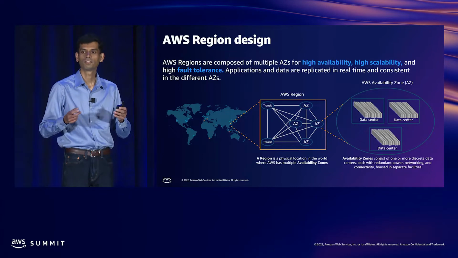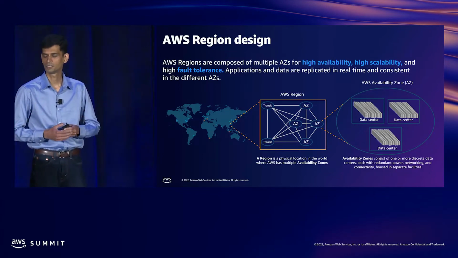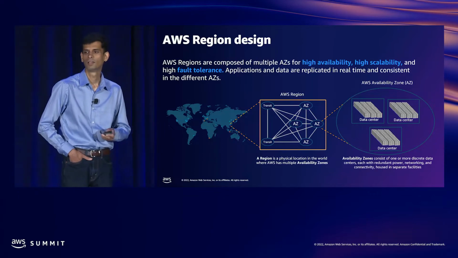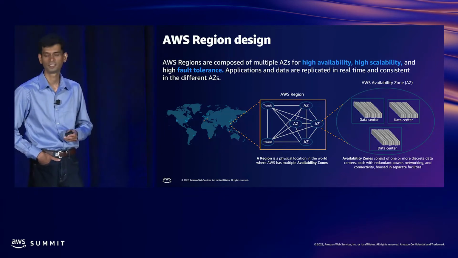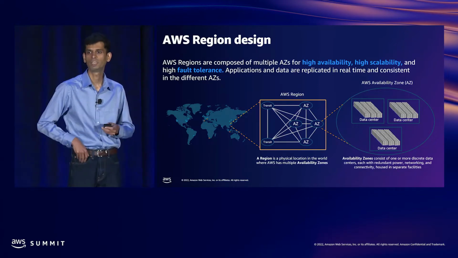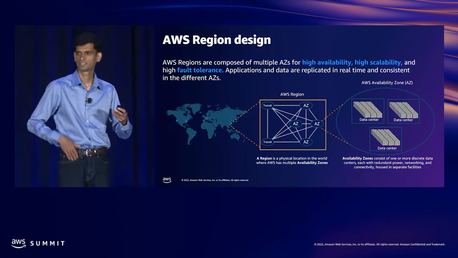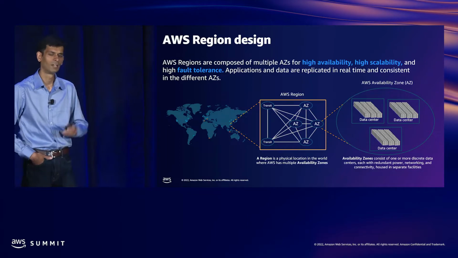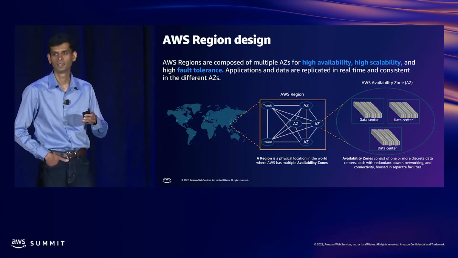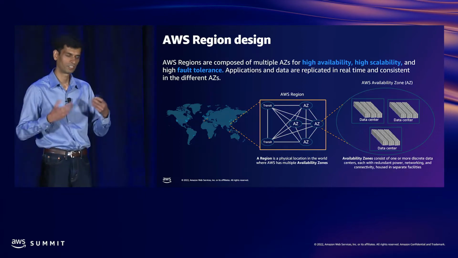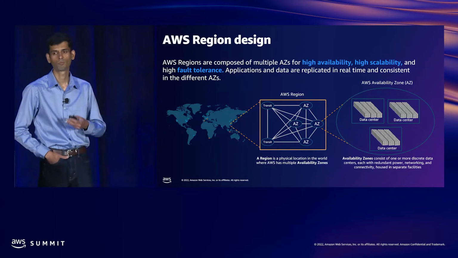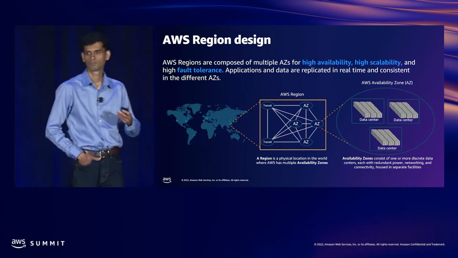Each of those AZs interconnects with the others using redundant, dedicated metro fiber, providing high throughput and low latency networking. At the same time, each AZ is separated by a meaningful distance, in many cases several kilometers. So on one hand, you can do synchronous replication, and at the same time, because of the physical separation, you get fault isolation from issues like power outages, floods, tornadoes, and so on.